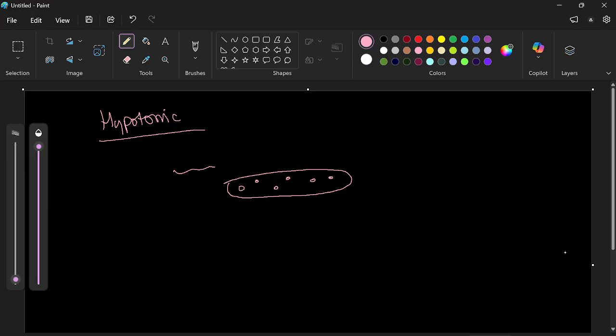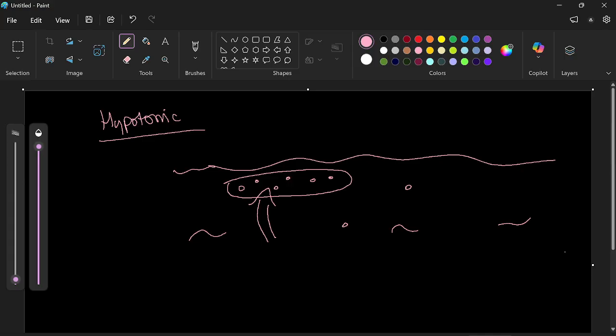Just suppose that it's in water where there is literally a lesser amount of solute. So the water will enter the cell, and what will happen to the cell? The cell wall will become swollen. And what will happen when the cell wall is swollen? The cell will basically burst due to all that water accumulated in it.